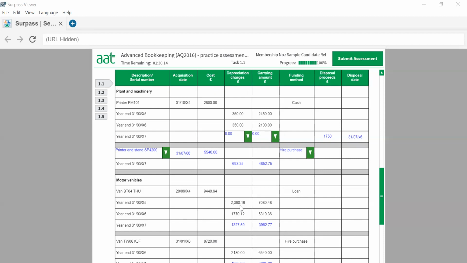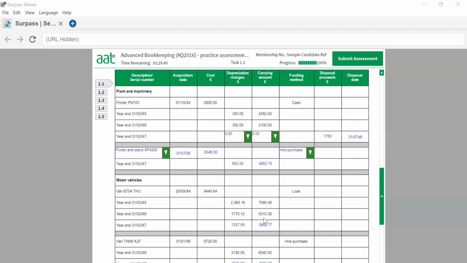Depreciation charge was 2360.16, which gives us a carrying value of 7080.48. So it's done at 25%. So 25% of the carrying value gives us 1770.12, which gives us the carrying value at the end of 2006 of 5310.36.